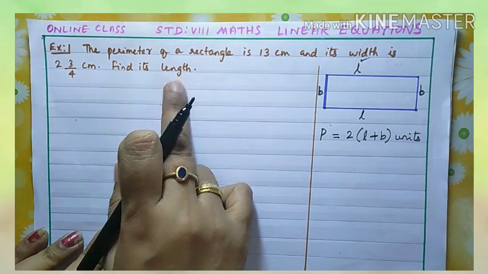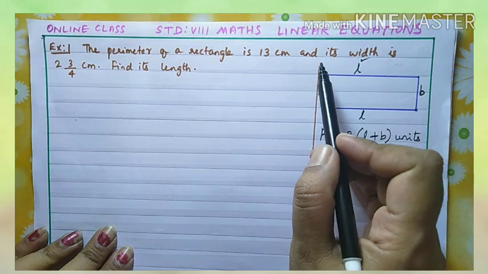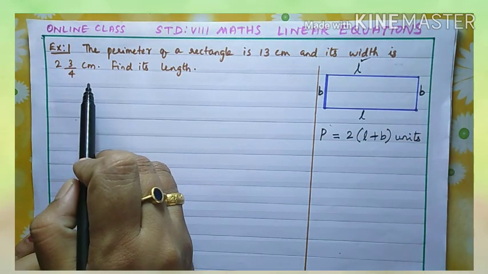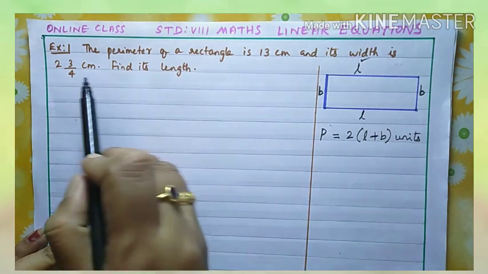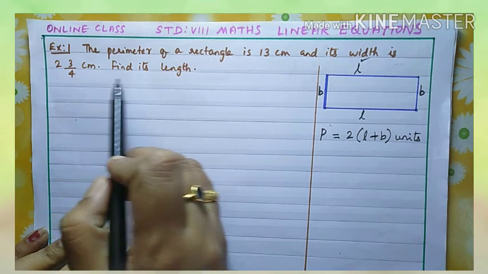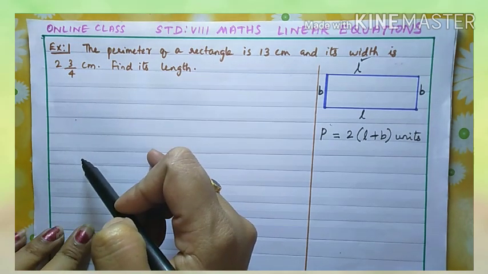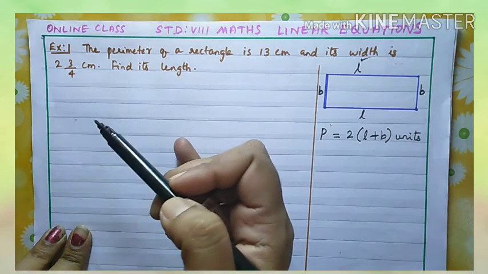Find its length, so length we need to find out. And what is given about the width? Width is 2 3/4 centimeters. So here perimeter is given and width is given. Length is the unknown quantity we want to find out. Understood? So let us start the problem.